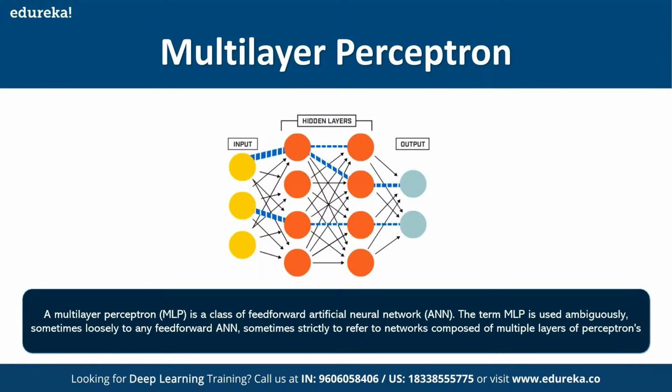This multi-layer perceptron is also called a deep learning neural network. Sometimes we also call it a feed-forward neural network. These are the various terminologies that we might use, but they mean the same thing. It's a series of neurons structured in multiple layers, and overall it helps us in analyzing the data. So that is what a multi-layer perceptron is.